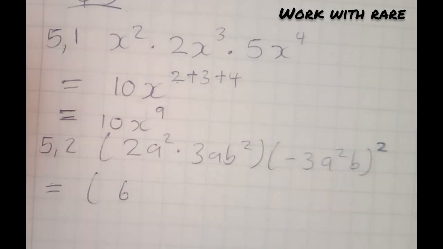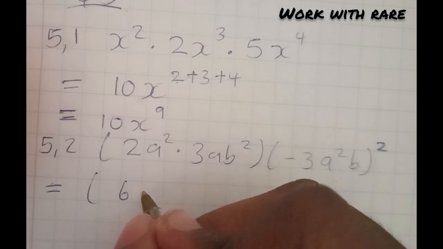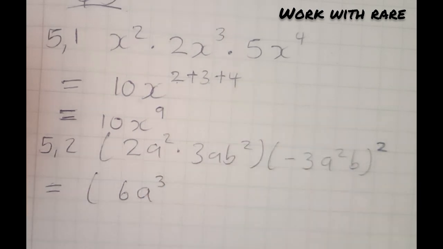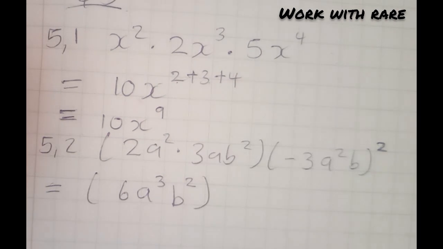So it's 6a square multiplied by a. When we multiply the same base, we add the exponent. So here we'll have 2 plus 1, which is a to the exponent 3. Okay, and here we don't have b, but here we have b, so we'll leave b like this.